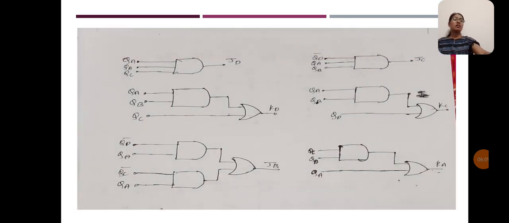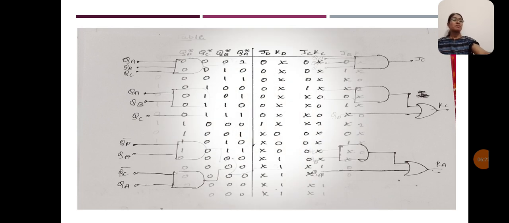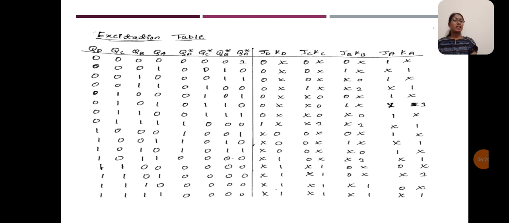And next, for JD, KD, JC, KC, JB, KB and JA, KA, I have designed the gates separately. And here is the excitation table, where QD, QC, QB, QA are the present states, QD star, QC star, QB star and QA star are the next states, and JD, KD, JC, KC, JB, KB and JA, KA are the inputs.